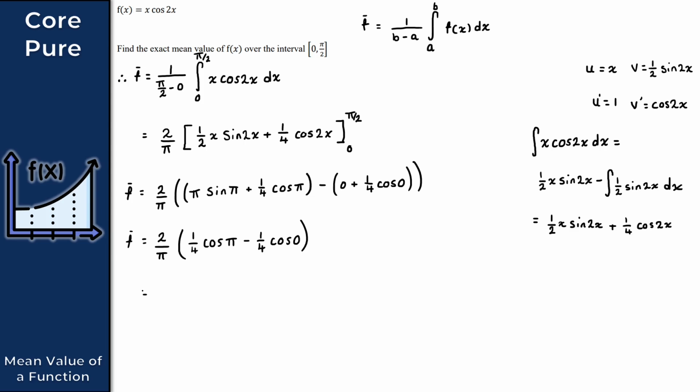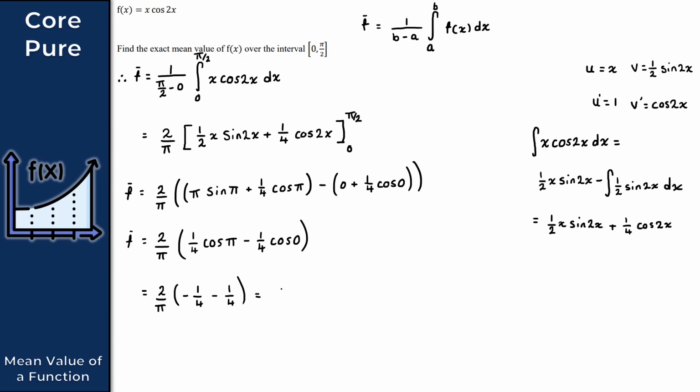So what we get here is 2 over pi times pi. So 1 over 4 times minus 1 gives us minus 1 over 4. Cos of 0 is 1. So minus 1 over 4 times 1 just gives us minus 1 over 4. So minus 1 over 4 minus another 1 over 4 just gives us minus 2 over 4, which is just the same as minus a half.